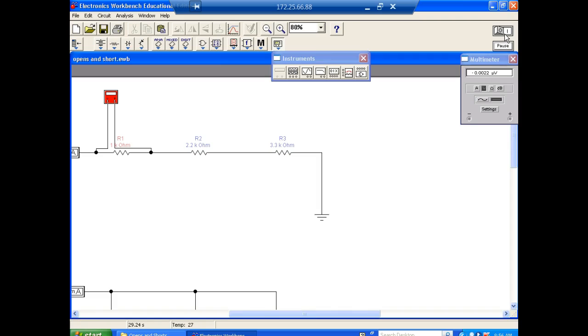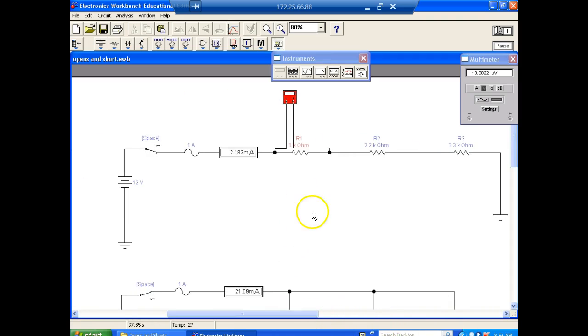So how many volts should a fuse drop? Well, I'm saying a fuse. Now, with fuses we don't use the term open or closed. So a good fuse, how many volts should be across a good fuse?